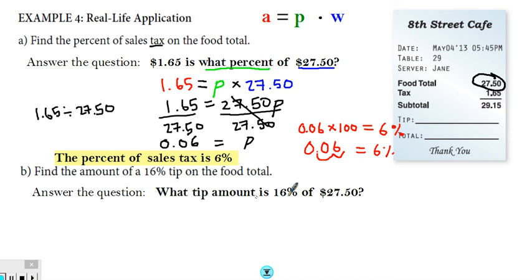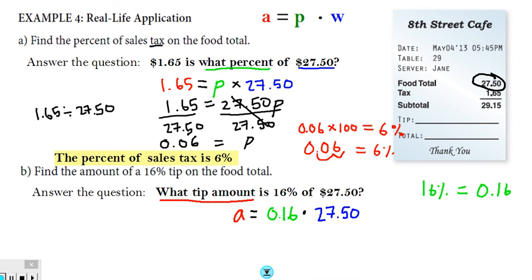So let's translate this problem to the equation again, using the percent equation. What tip amount is, so we don't know the part number, that's going to be letter A. Is means equal. Now 16%, we're going to use decimal for that. That's going to be 0.16. Again, you can use a fraction, but I prefer using a decimal for this. 0.16, of means to multiply, times the whole, $27.50.